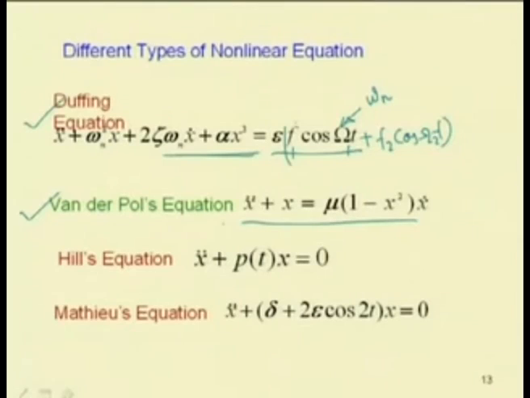And in case of this van der Pol equation, which is observed in case of a damped nonlinear system, one can find a limit cycle or one can find a periodic response suddenly appearing in the system.